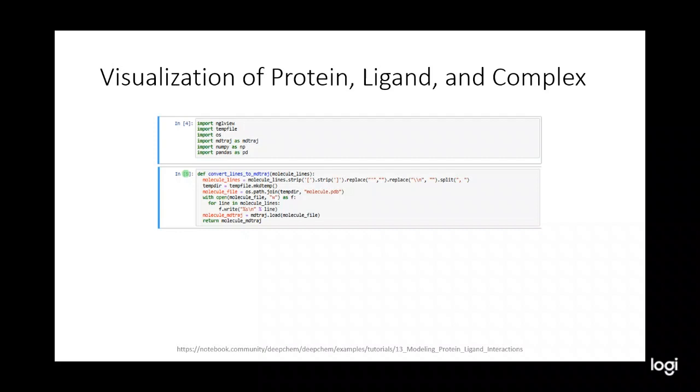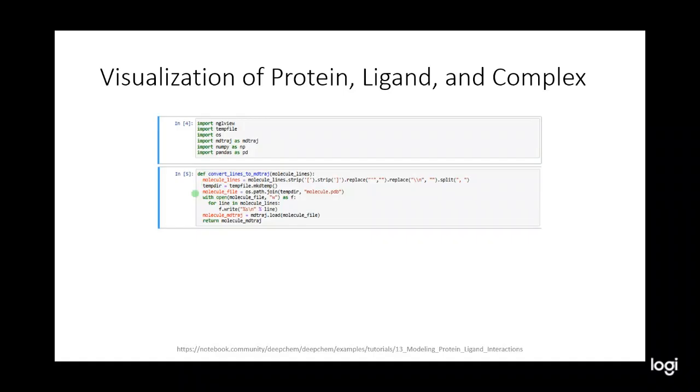Let's take a closer look at how the convert_lines_to_mdtraj function works. The function first processes the input by removing the square brackets, single quotation marks, new line characters, and splitting the cleaned data using a comma as a separator. Then it creates a temporary file. It generates a temporary directory using the mkdtemp function from the tempfile module.